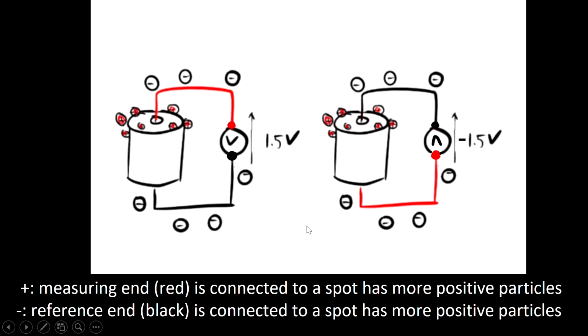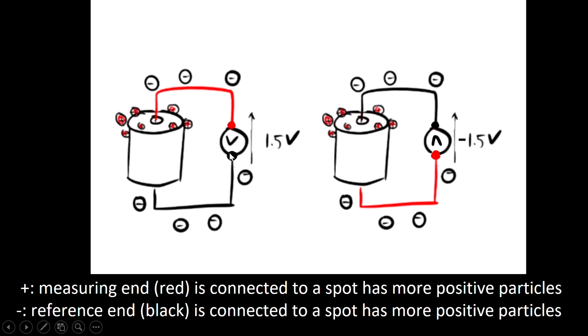So whenever you see a positive or a negative sign on the voltmeter, you will know what it means. If it's a positive sign, that just means the measure end is connected to a spot that has more positively charged particles. For example, that end is connected to a place that has a lot of positively charged particles.